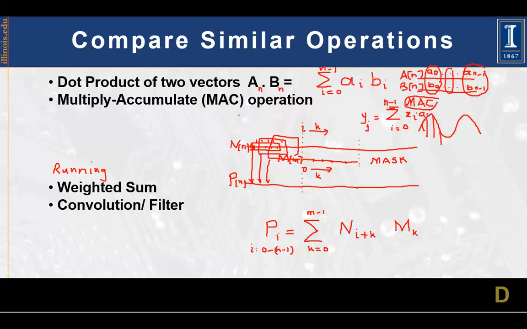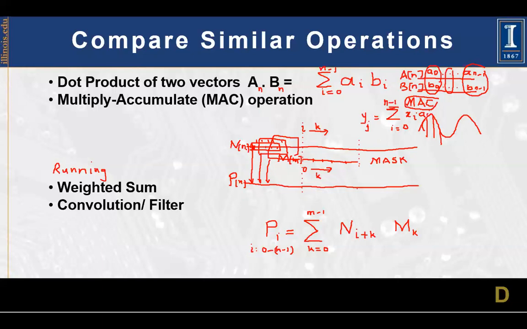If we look at this case of data, this is input, this is mask, which is the weights or coefficients of our filter which are to be applied. The width of this is small m, the size of this is big N.